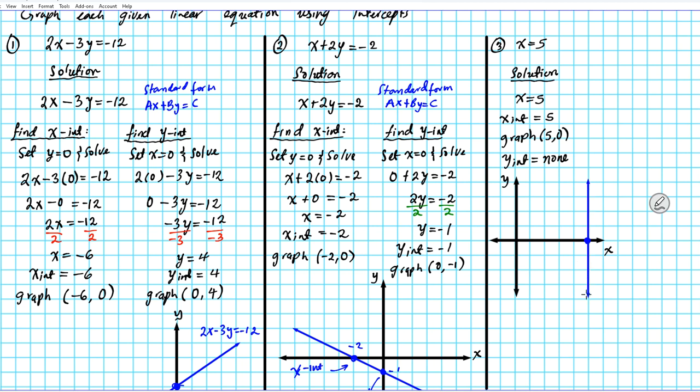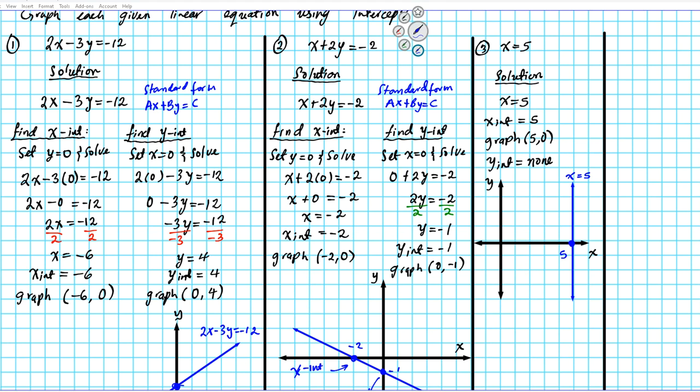So the result will be a vertical line. All right. So let's write out our x-intercept, which is 5. This is a line of the equation x equals 5. It's a vertical line, a line with undefined slope.